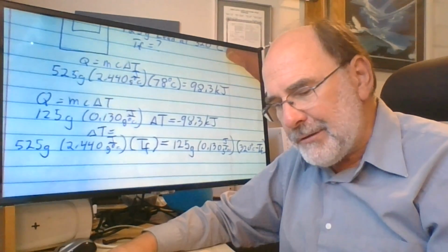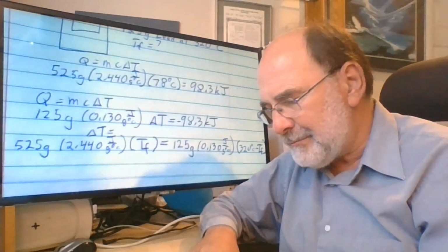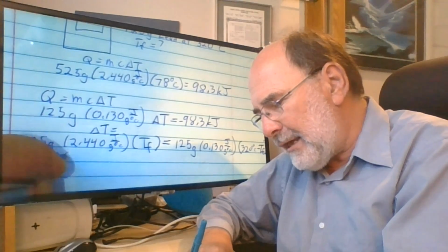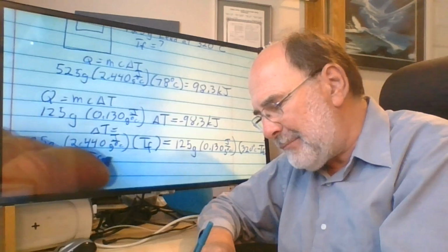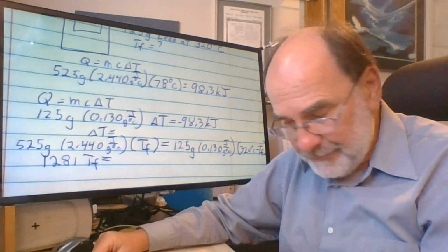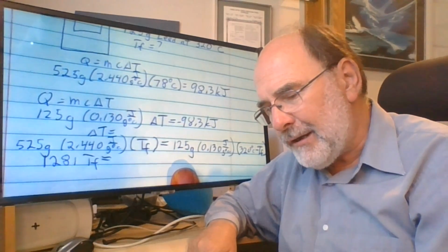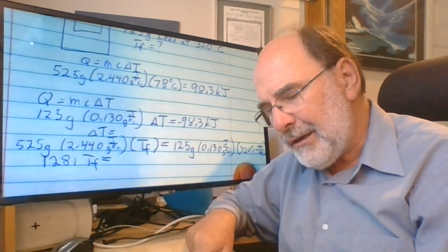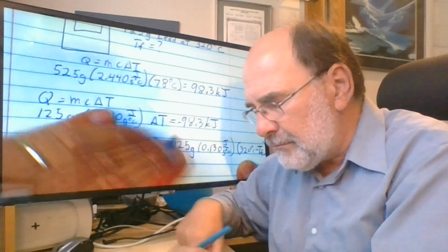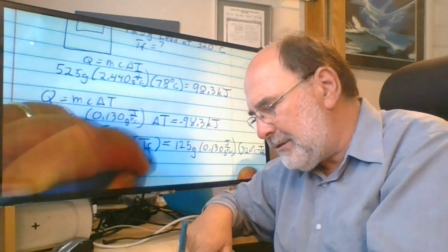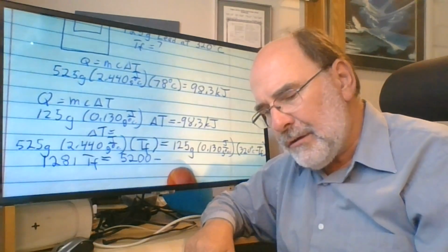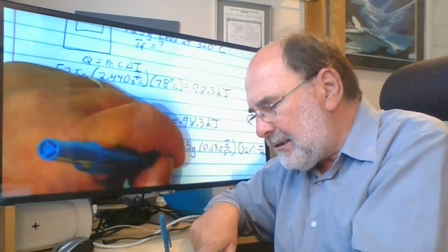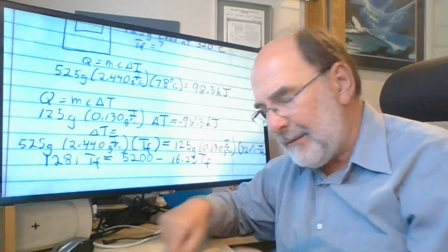So power up your calculator. 525 times 2.44, enter, says 1281 times the final temperature on the left side of the equal sign equals 125 times 0.130 times 320, which is, interestingly enough, exactly 5,200, minus 125 times 0.130, enter, 16.25 times the final temperature.